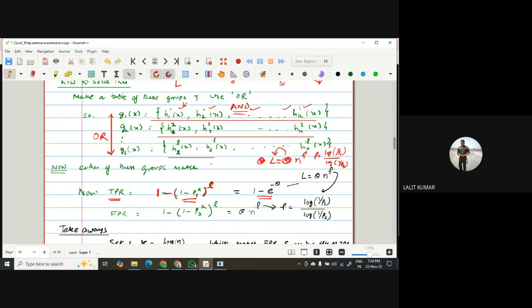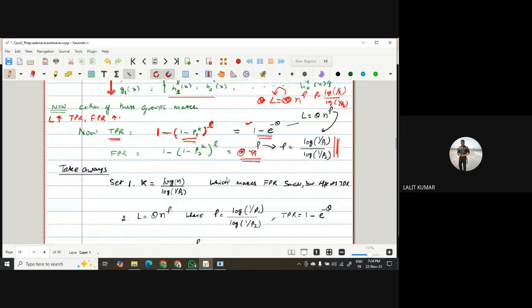And here I will cover that as L increases, your TPR and FPR increase, because as you increase the number of tables, your probability of collision will increase, whether between good points or bad points. So the more the number of tables, the more the TPR and FPR. So remember this formula: TPR is 1 minus e to the power minus theta, and FPR is nothing but theta n to the power rho, and this rho is log 1 by p1 by log 1 by p2. These are the important parts.